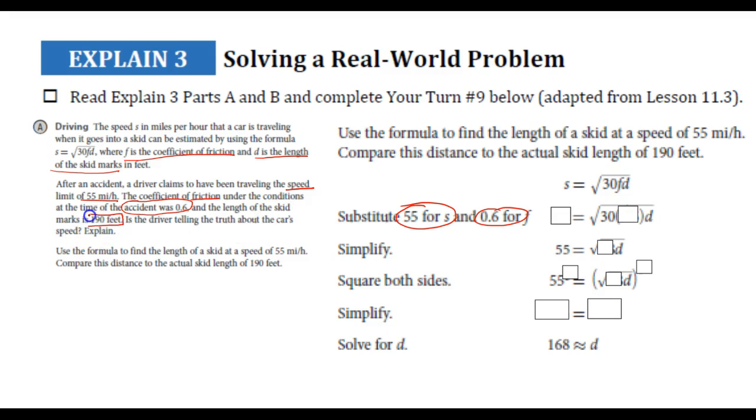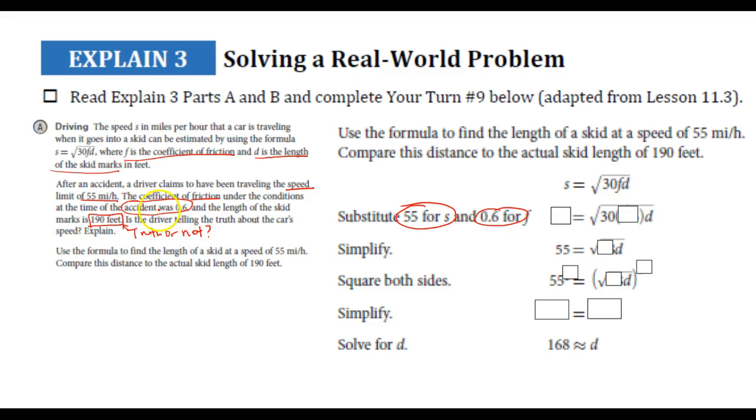So just like in any car accident, people will say, I was driving this fast. But then the evidence kind of shows whether they're telling the truth or not. So the skid mark was actually 190. We're going to see if he's telling the truth or not.